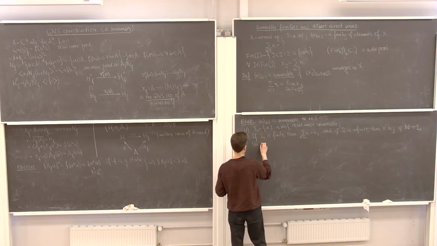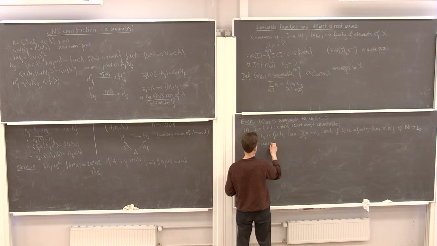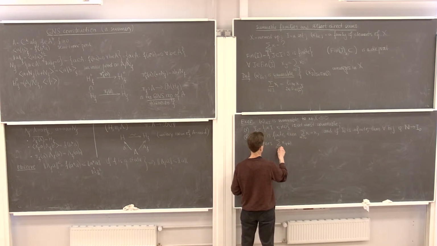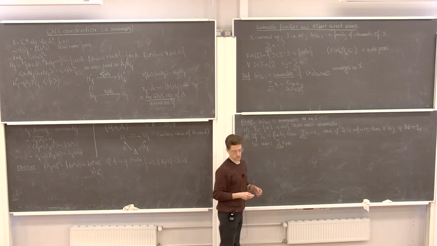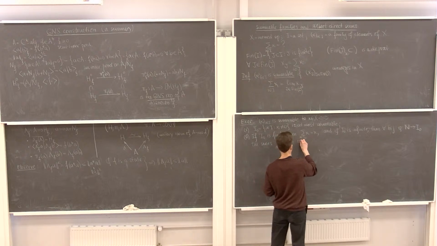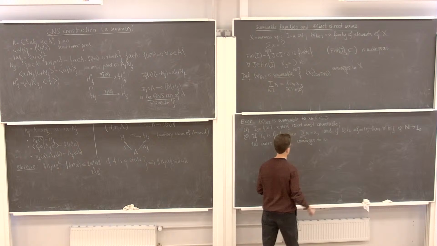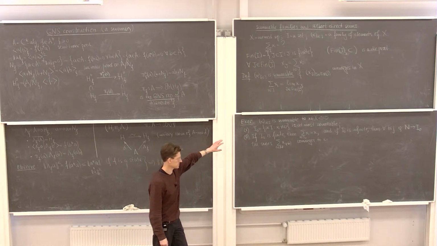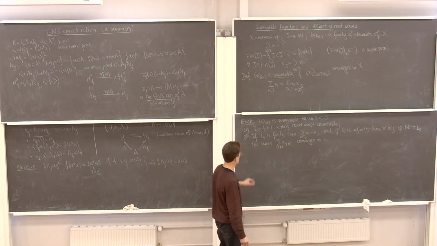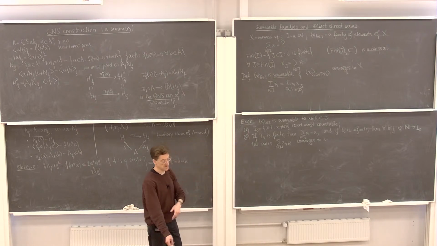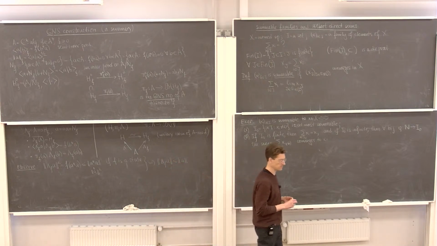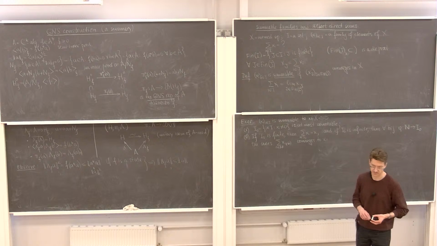the following series, sum x phi of n, converges to x. So this is equivalent to the summability of our family to little x. So in other words, if we look at these conditions, we see that basically summable families are equivalent to unconditionally convergent series.